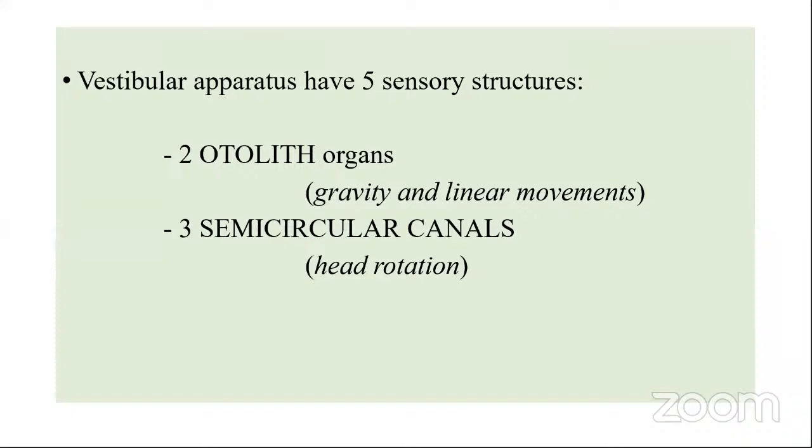The ampulla consists of the crista ampullaris, and the hair cells present in the crista ampullaris dictate the head rotation, that is angular acceleration. So the vestibular apparatus has 5 sensory structures: the 3 crista ampullaris and 2 otolith organs.